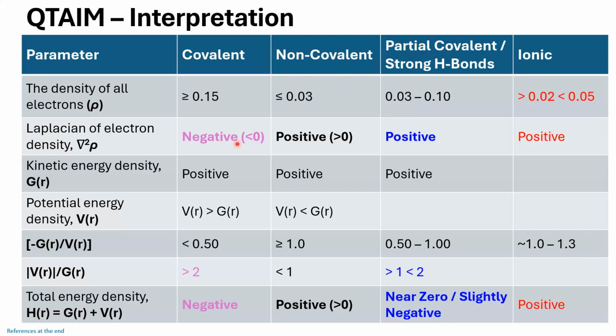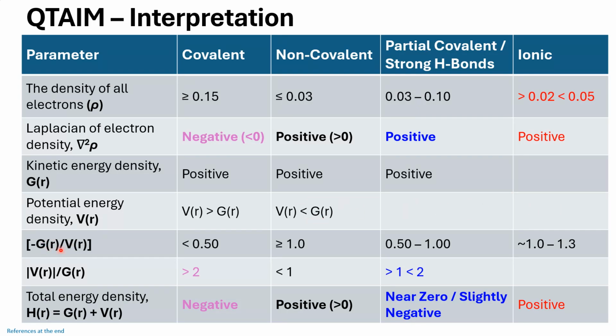Some people say it is less than zero, some say above zero, but essentially it all means the same. Kinetic energy density is mostly positive for everything. But in potential energy density, you will find some trends. For example, for covalent bonds, the value of VR is generally greater than GR, and in non-covalent interactions, it's the opposite.